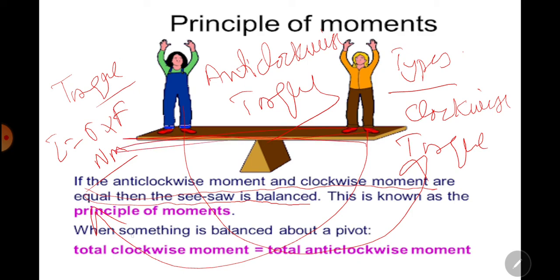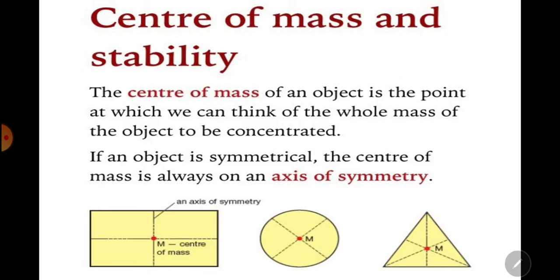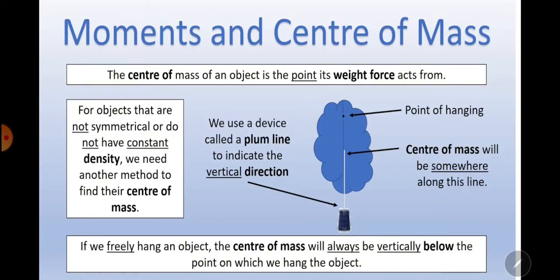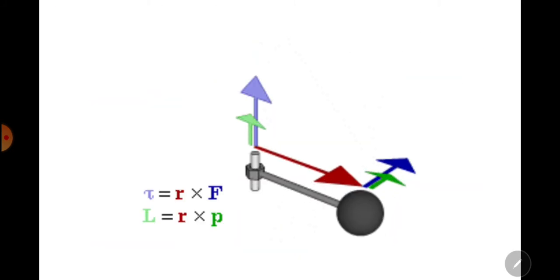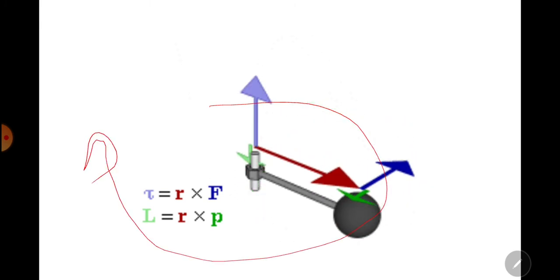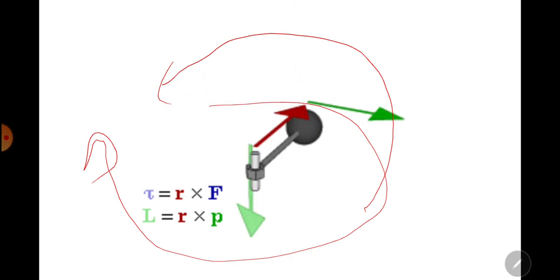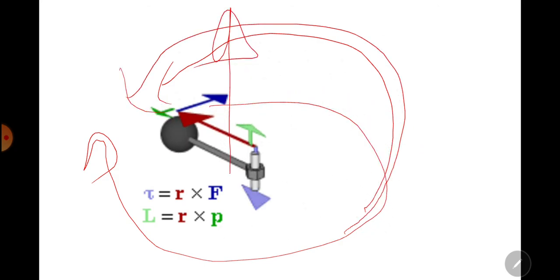This will not rotate. When something is balanced about a pivot, total clockwise torque is equal to anti-clockwise torque. I will explain that we have two types of torque. Now this is clockwise torque, and this is anti-clockwise torque. So the direction of this torque is upward.